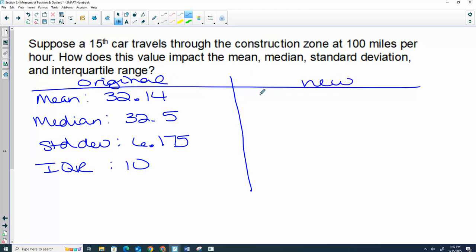Now let's look at our new one. I want you to go to your list and add 100 miles per hour at the bottom. And then we're going to calculate our one variable statistics. Add it to L1. What's our new mean? 36.